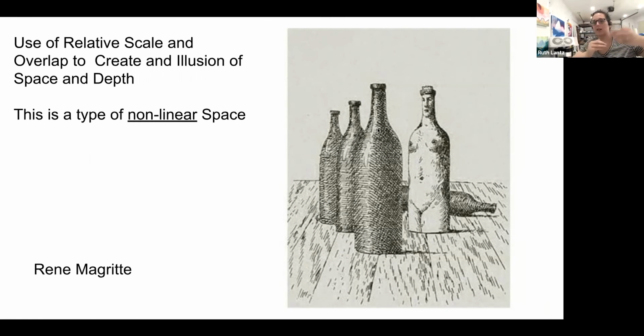So because of that, right, we start to understand the space of the image and how it creates depth. So there is all of this space and this illusion of depth happening in this image, even though it's not an architectural linear perspective.